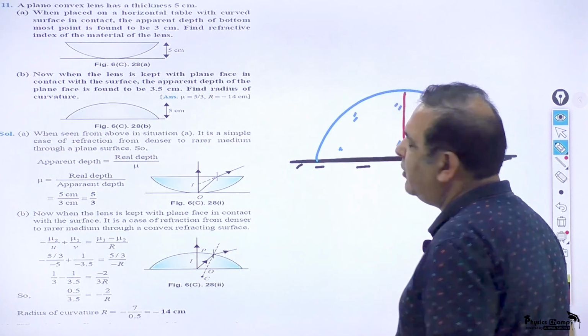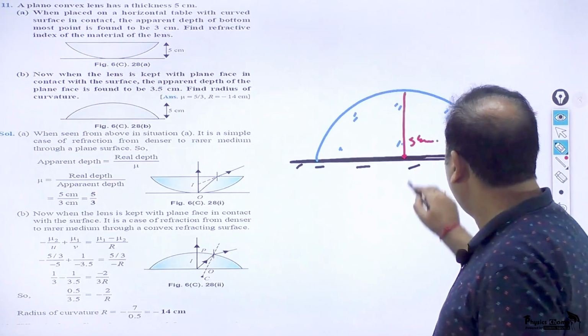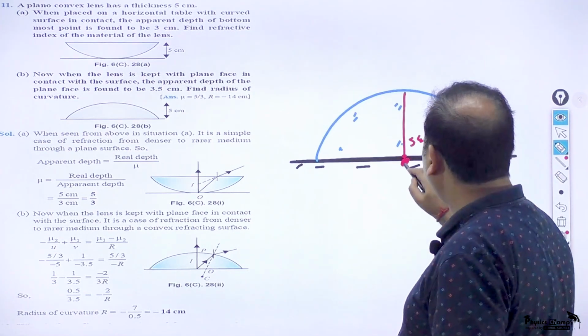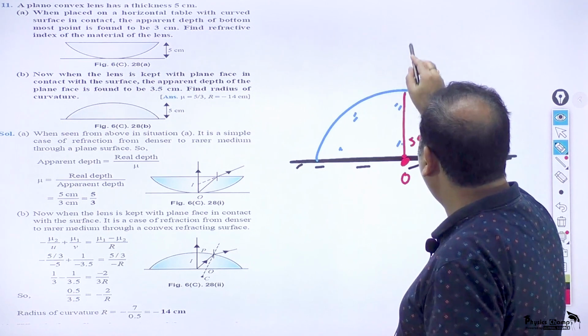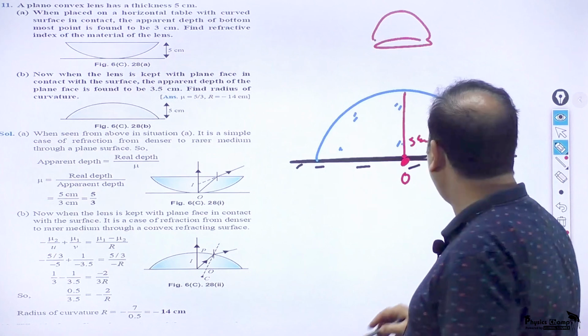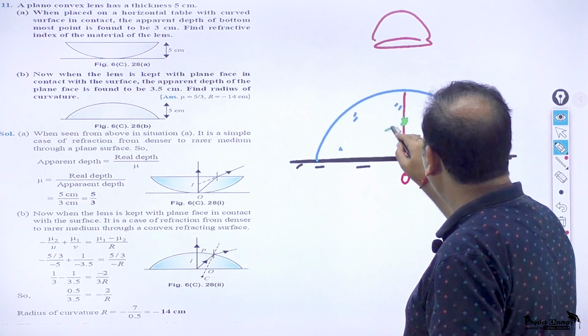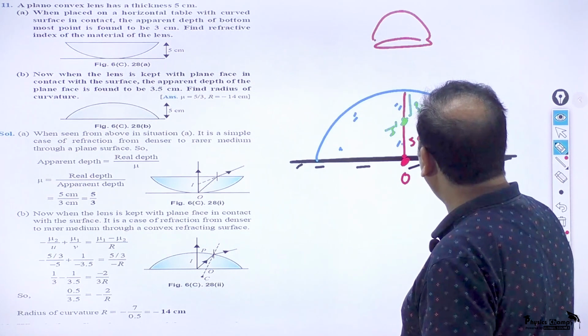But this plano-convex lens is now kept reversed, such that if you have an object here and you are watching from above, its apparent depth is observed to be 3.5 centimeter.